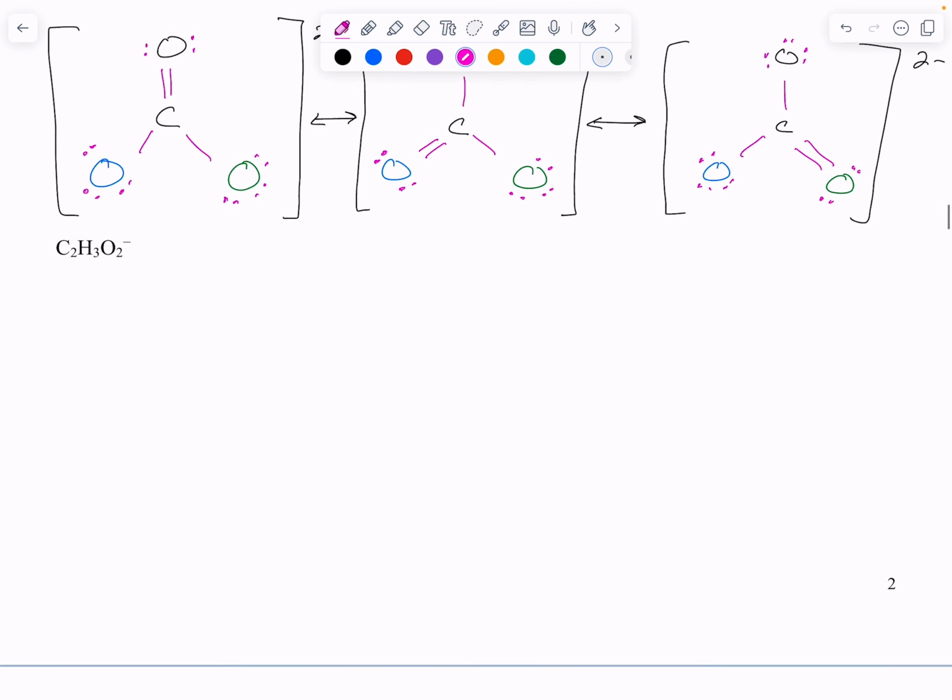Last but not least, acetate here. We have 2 times 4 electrons plus 3 times 1 electron plus 2 times 6 electrons plus 1 electron. So that would be 24 electrons again. All right.